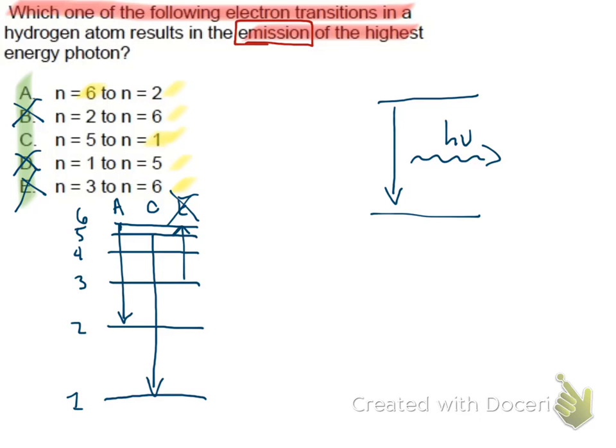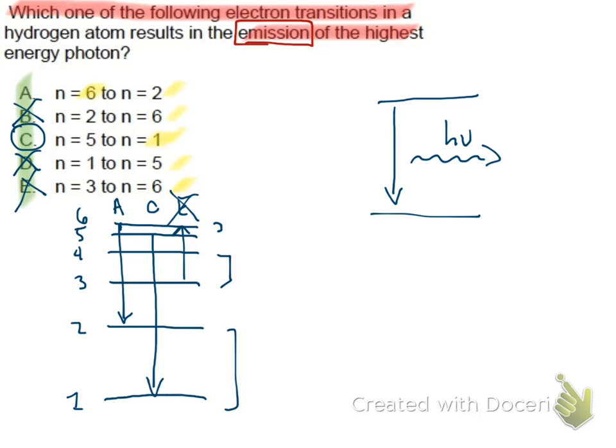When you look at this picture, because we've drawn these with decreasing spacings between the levels, it should be clear that C results in a larger difference between the 2 levels than A, and that that's a correct choice, even though the total energy change in both of those was 5 levels, right?